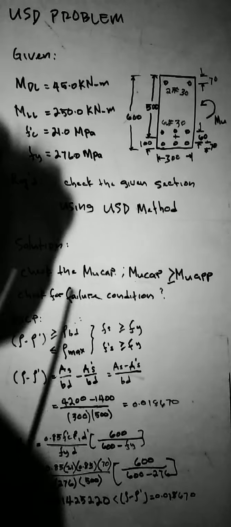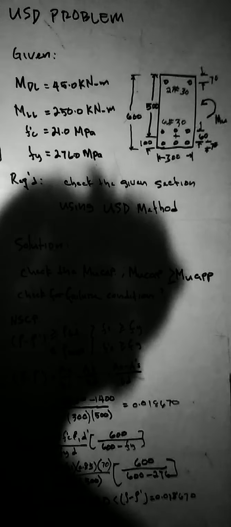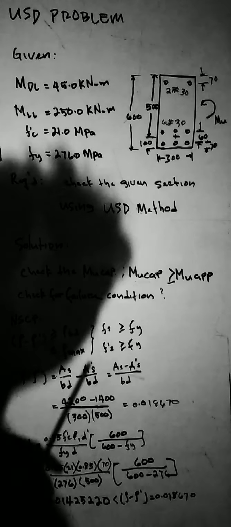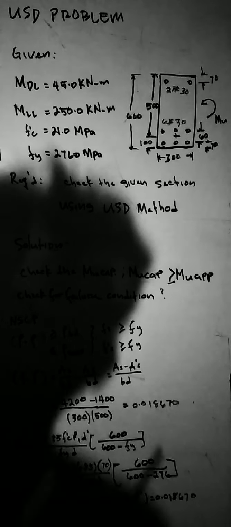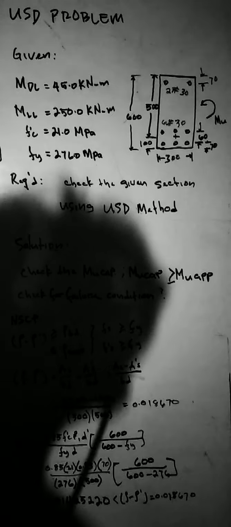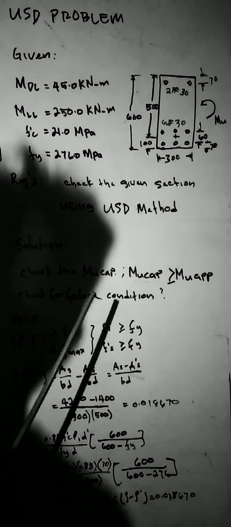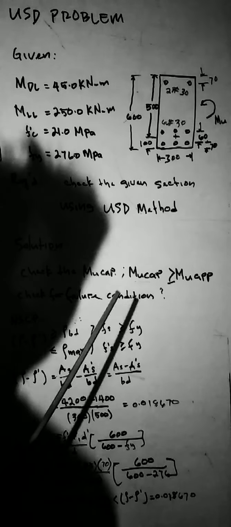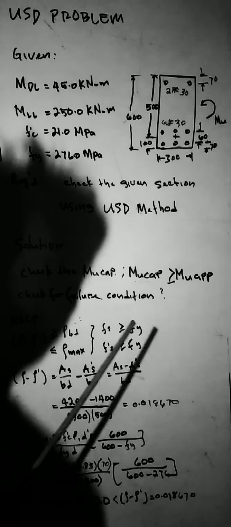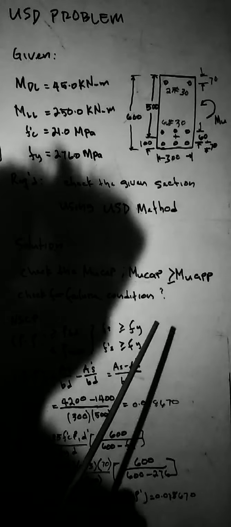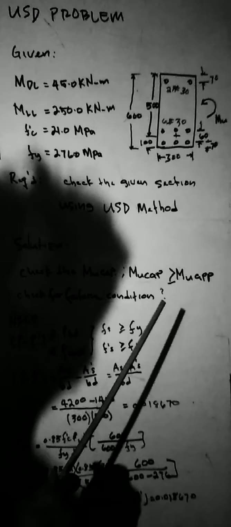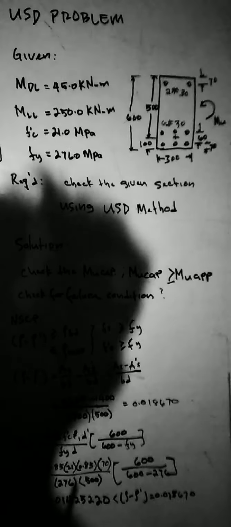When we say to check the section, meaning we are going to find out if the moment capacity of this section is either less than or equal or greater than the ultimate moment applied.